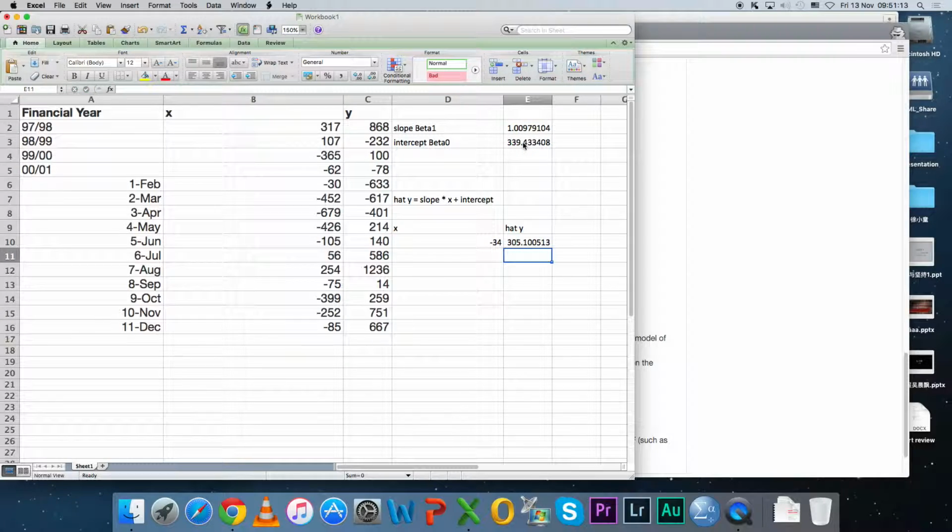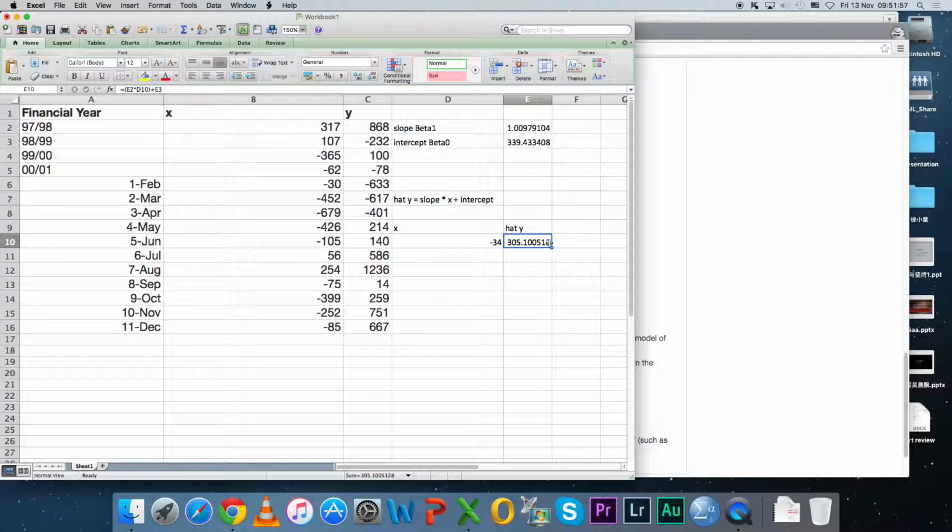Which is equal to 305 or 1 something. So that is the anticipated actual surplus when the financial secretary estimated the surplus to be minus 34, and the actual surplus should be 305. You can see that the difference is quite large. So actually our financial secretary is not doing a good job in doing the estimation.